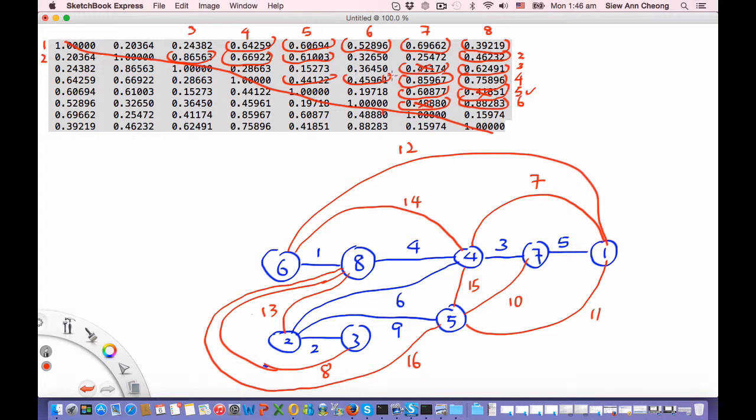Because 8 and 5 can be connected, between 8 and 1, can it still be connected? It still can be connected, so let me draw that out. 8 and 1 can be connected, number 17, and after 0.39 I would have 0.36. That's the next largest, 0.36.